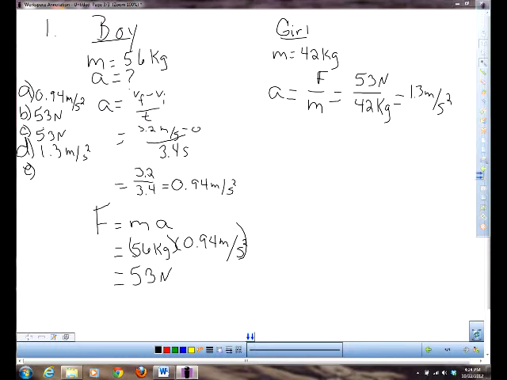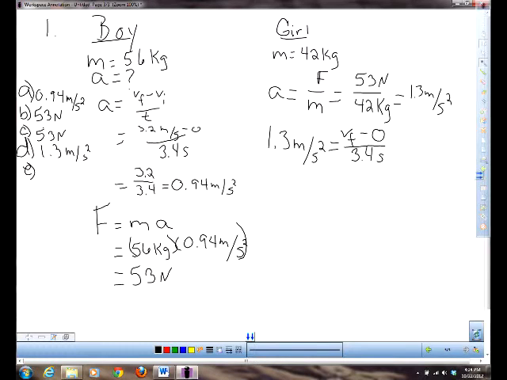So we know her acceleration, we just found that out, so 1.3 meters per second squared is equal to final velocity, which we don't know, minus initial velocity, which was 0 because they both started at rest, over the time, which is still the same that the boy had, 3.4 seconds.